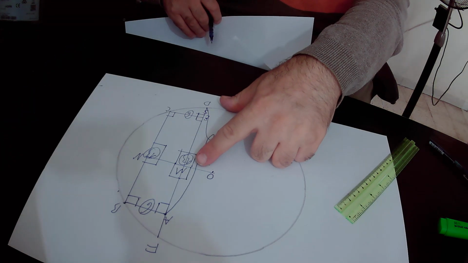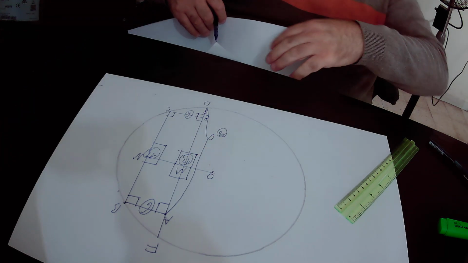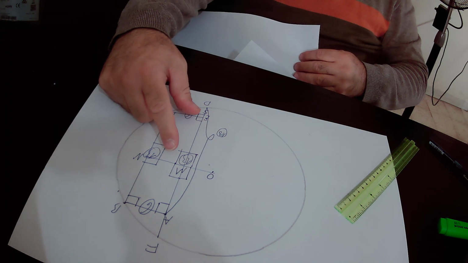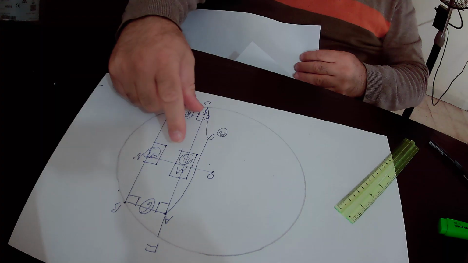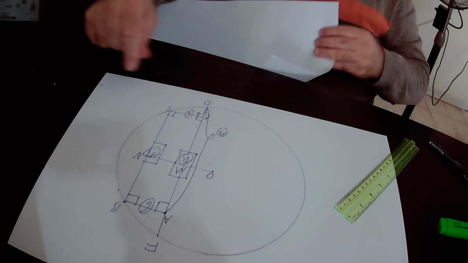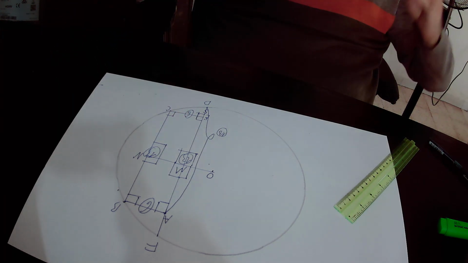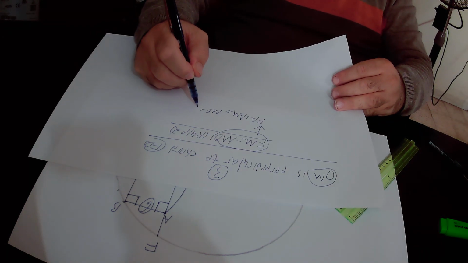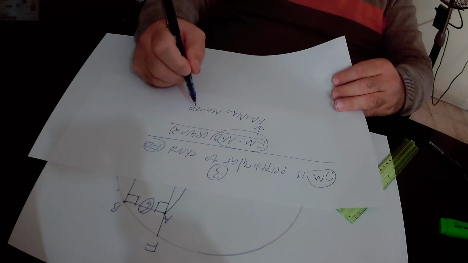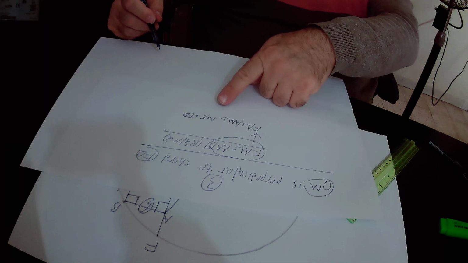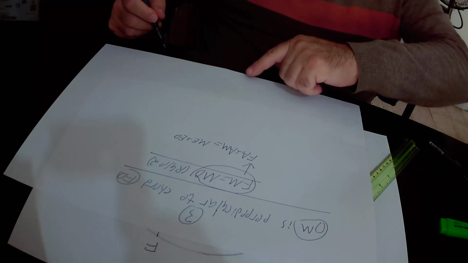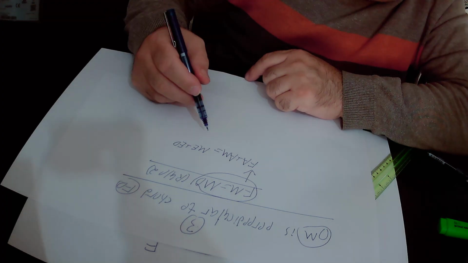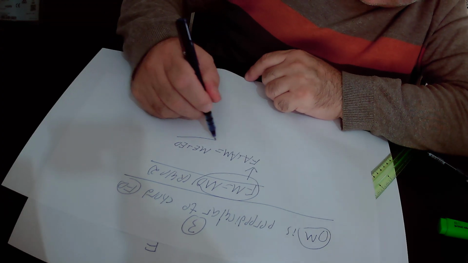Here, MD equals ME plus ED. Again, ME plus ED equals MD. Okay, so substitute MD by ME plus ED. In conclusion, we found out that FA plus AM equals ME plus ED.